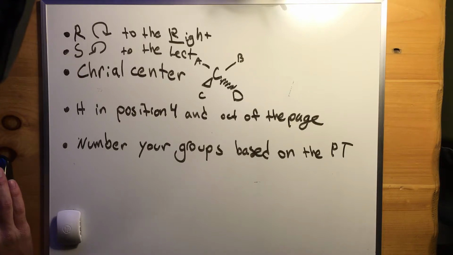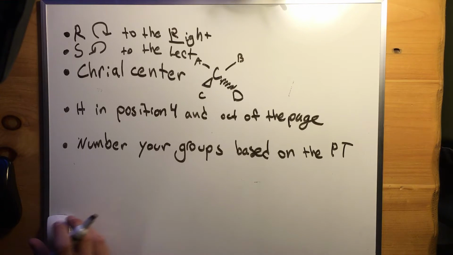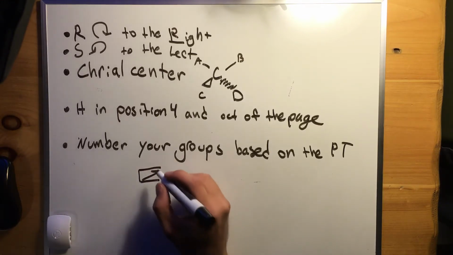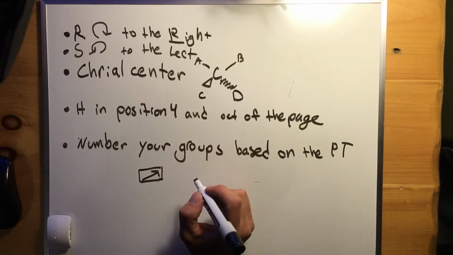So it helps to keep it somewhat in the back of your mind, or if you get a copy of the periodic table, I guess it's a little bit easier. But normally, the bigger the group, the more up to the right that your next adjacent atom is, the higher priority it gets.